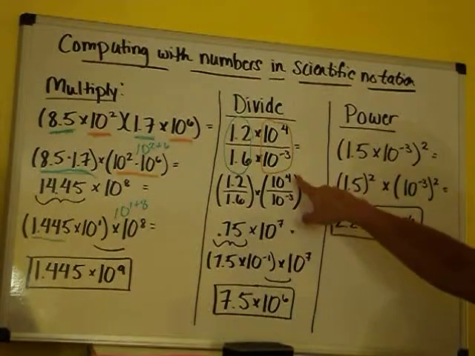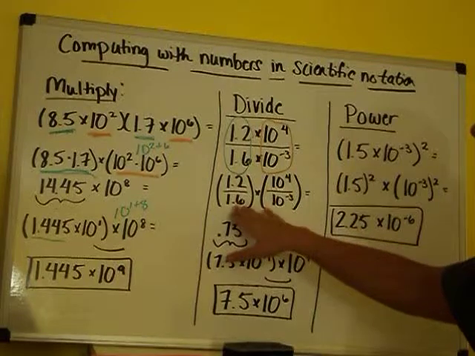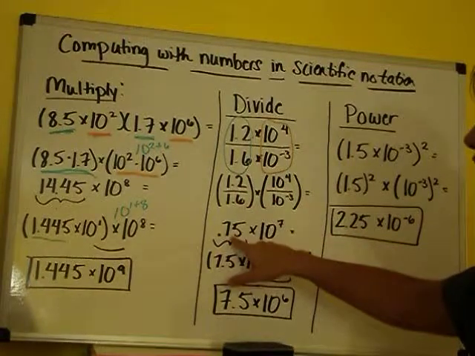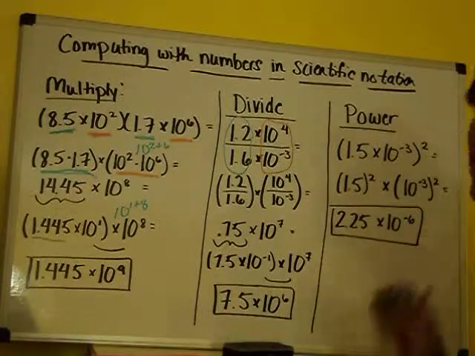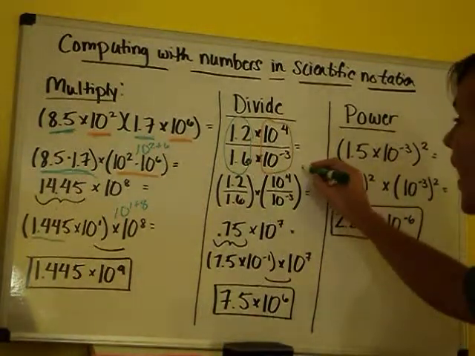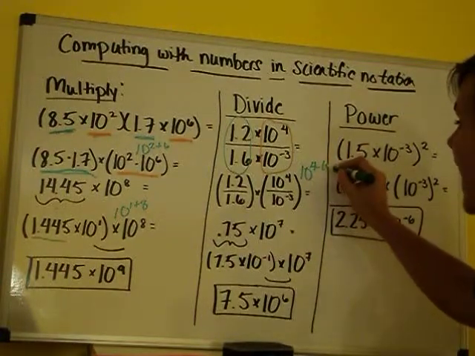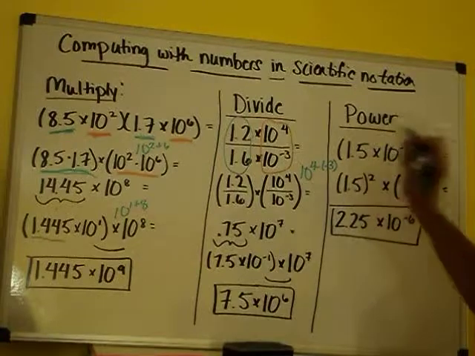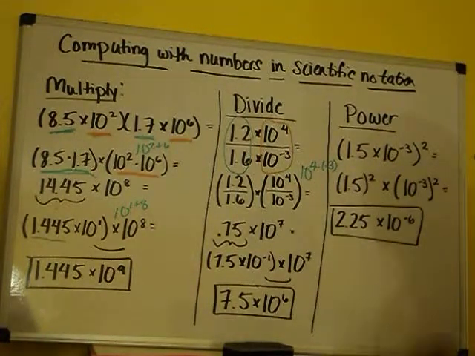And then we have 10 to the 4th divided by 10 to the negative 3rd. Okay, 1.2 divided by 1.6 is 0.75. And 10 to the 4th divided by 10 to the negative 3rd, when we divide, what do we do with our exponents? We subtract. So we have 10 to the 4th minus a negative 3. Minus a negative means plus, so we have 10 to the 7th power, just right there.